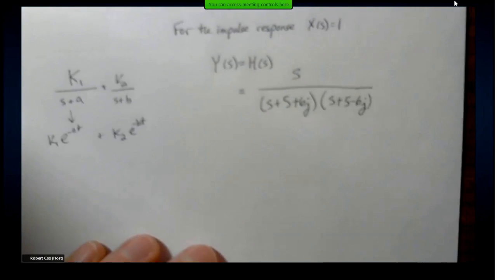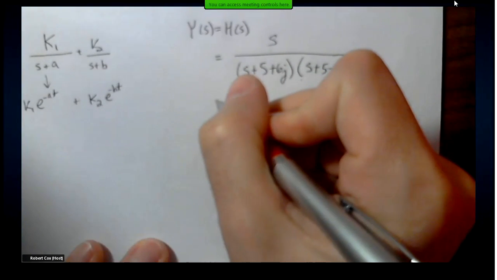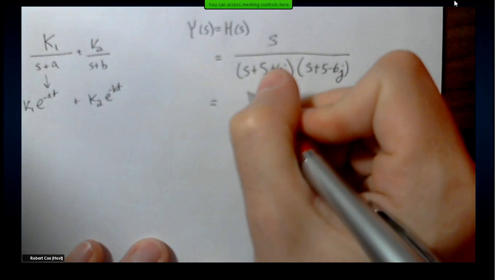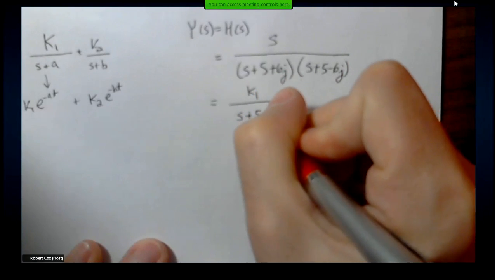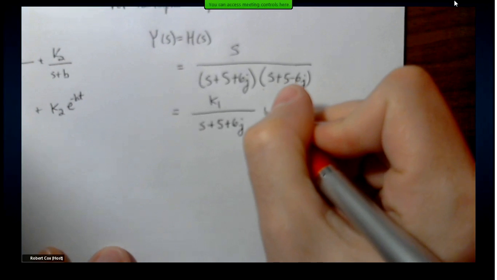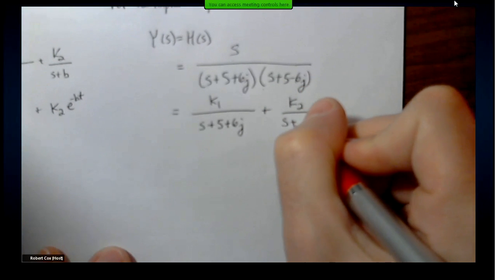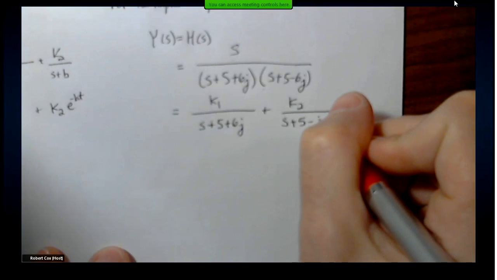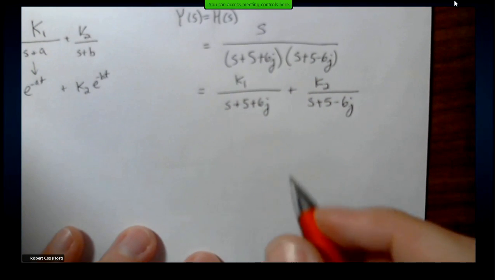So we have to figure out how we do that process. In this case, this could be k1 over s plus 5 plus 6j plus k2 over s plus 5 minus 6j.